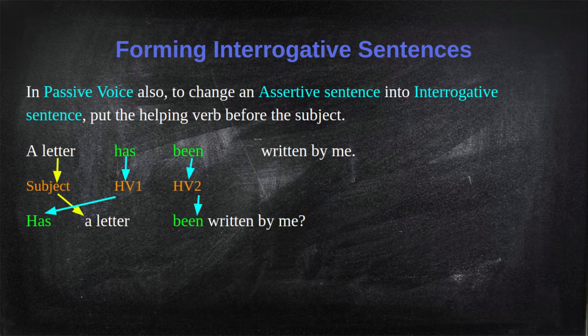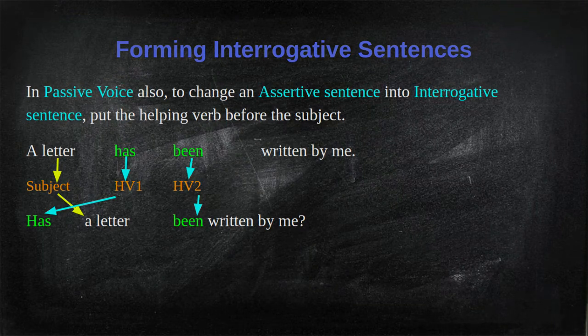To make the interrogative sentence, first I write the first helping verb, has. Then I write the subject, a letter, and then I write the second helping verb. So the interrogative sentence will be, has a letter been written by me?